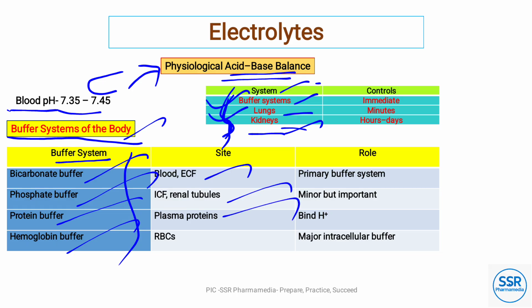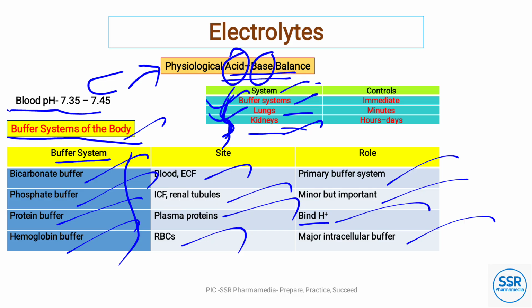Protein is the plasma protein, and hemoglobin buffer is in the RBC cells. The primary function of phosphate is a minor but important pH role. It binds H+ ions and is a major intracellular buffer. The main thing is you must know what is acid and what is base.